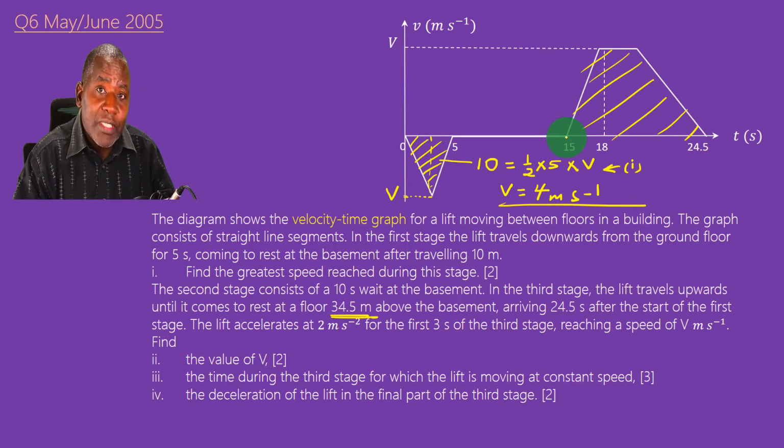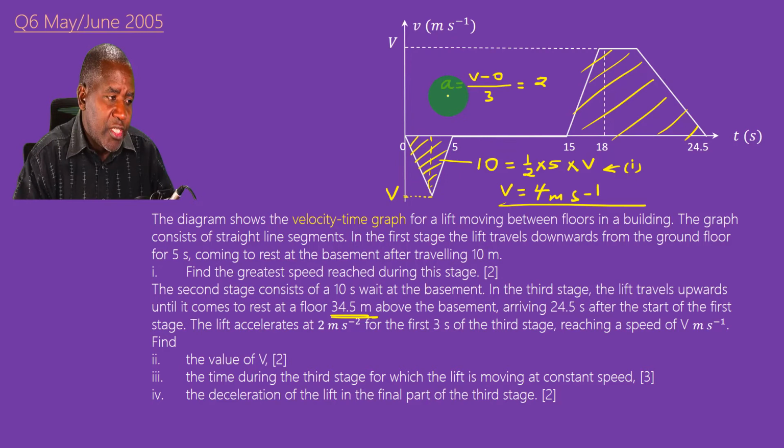How do we work out acceleration? We get the gradient. Gradient is equal to this change, which is V minus 0 divided by 18 minus 15, which gives us 3. And remember, this acceleration is 2.